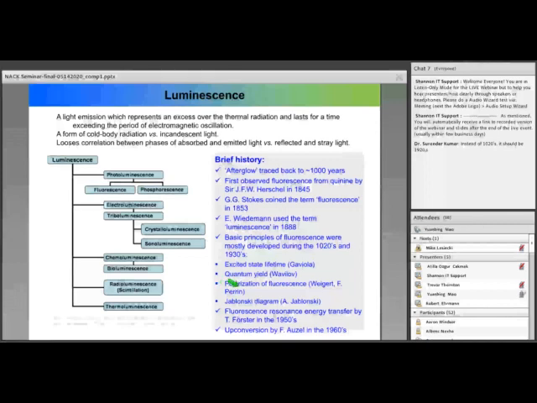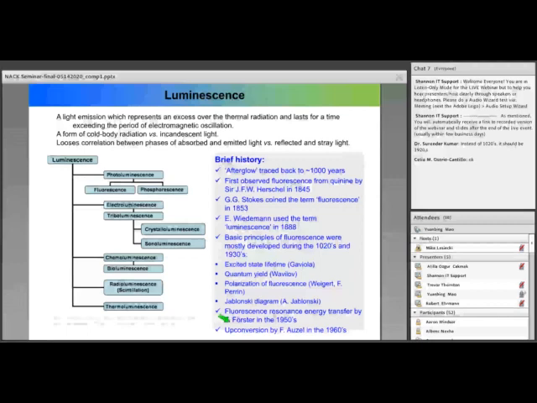For the powder, metal oxide luminescent materials we're working on, we don't talk about polarization that much, but for organic dye molecules, that's what a lot of scientists work on. And then in the 1950s, fluorescence resonance energy transfer was developed by Förster. So it is also called Förster resonance energy transfer.